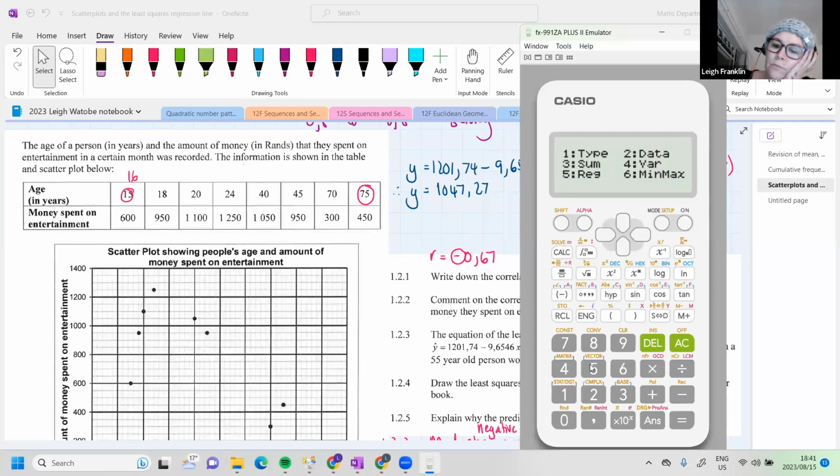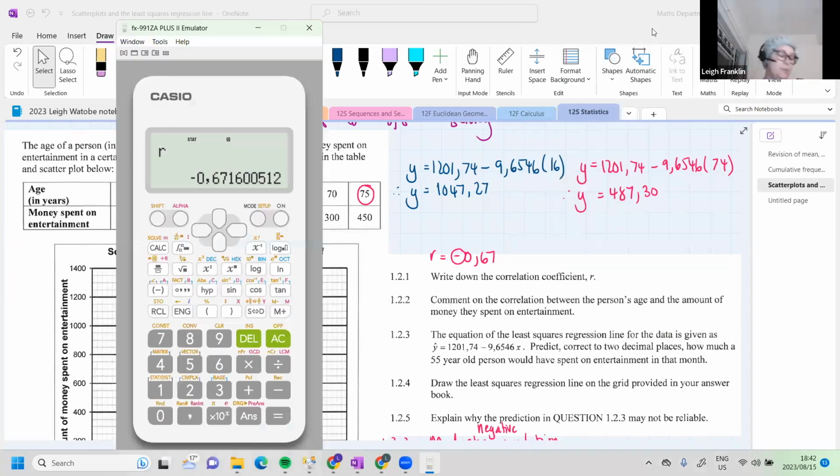And then 5. Good. And then on the 5, we have number 3, which represents the letter R. And that's our correlation value. Yes, good. Well done. So we would press 3 and equals, and there is the correlation coefficient. Thank you. That was beautifully explained. Thank you, ma'am.